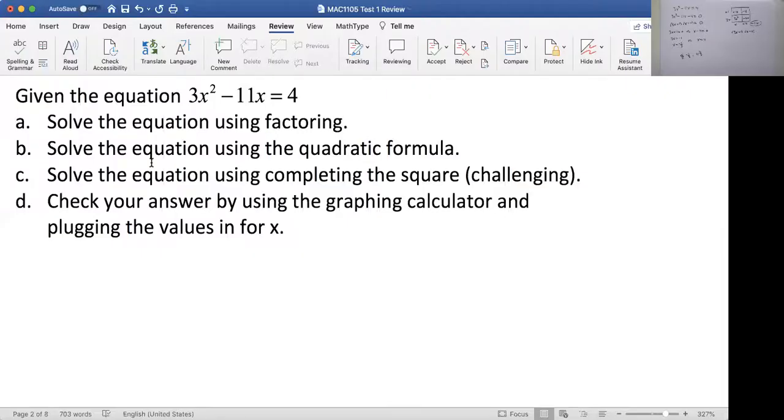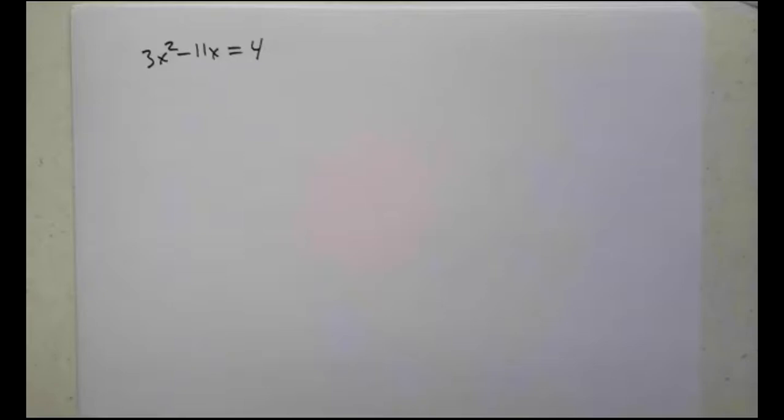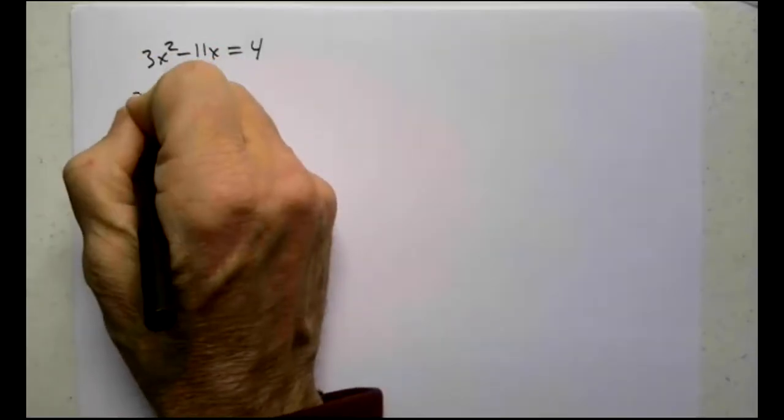The next approach I want us to use is the quadratic formula. So again, we have 3x squared minus 11x equals 4. Quadratic formula requires us to have everything equaling 0, so I'll subtract 4 again.